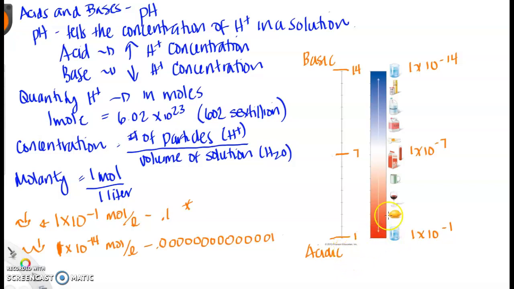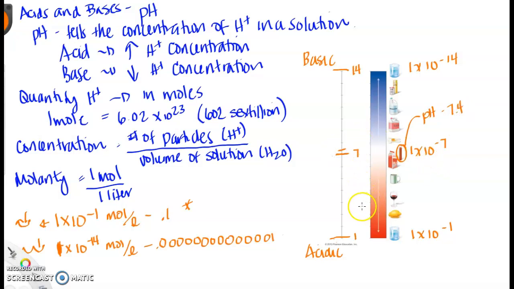Okay, so make sure you understand that because we can look at different pHs, and then you will know how acidic, if it is acidic or if it is not acidic. We look at this picture right here. I'm not sure what that is. Here it is. Blood pH is about 7.4. So it's up in here.